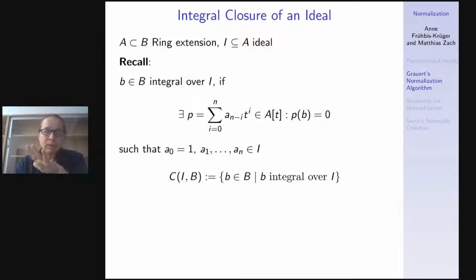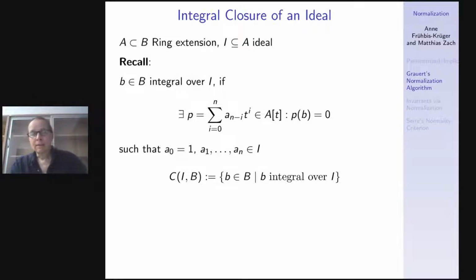So as a last remark, and just a side remark, you cannot just talk about integral closure of rings, you can also talk about integral closure of ideals, and in this case you have to impose the condition that the ai, the coefficients in the polynomial, are all in the ideal itself and not just in the ring.